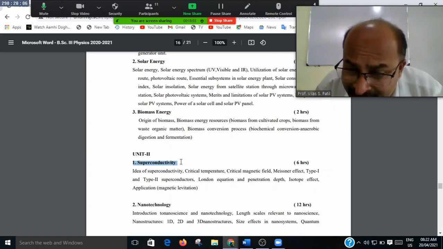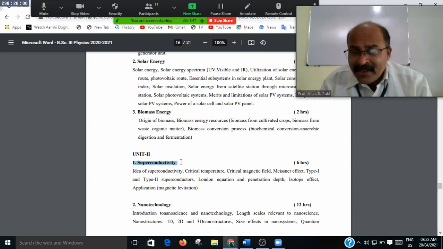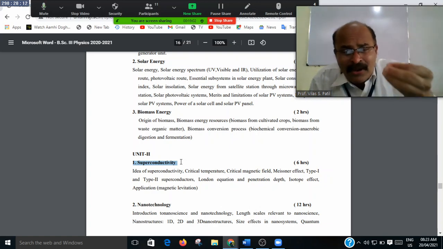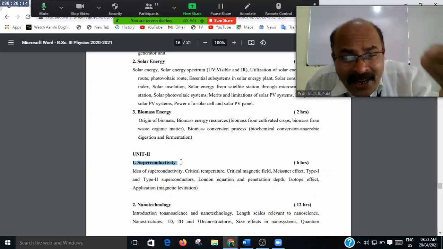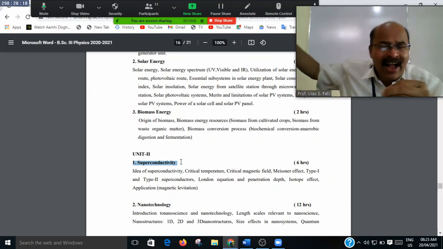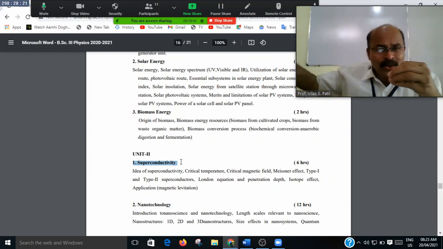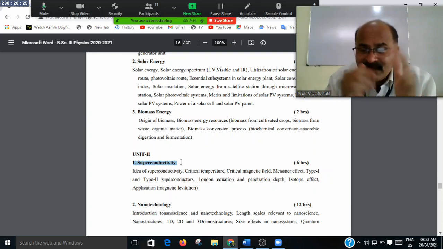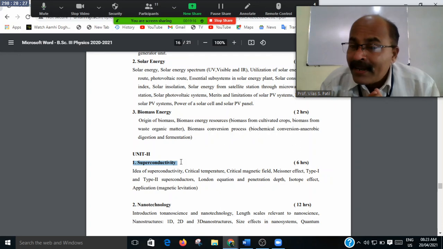And the matter which shows resistance, but that resistance is measurable, not very high, not huge, not infinite, is known as a conductor.